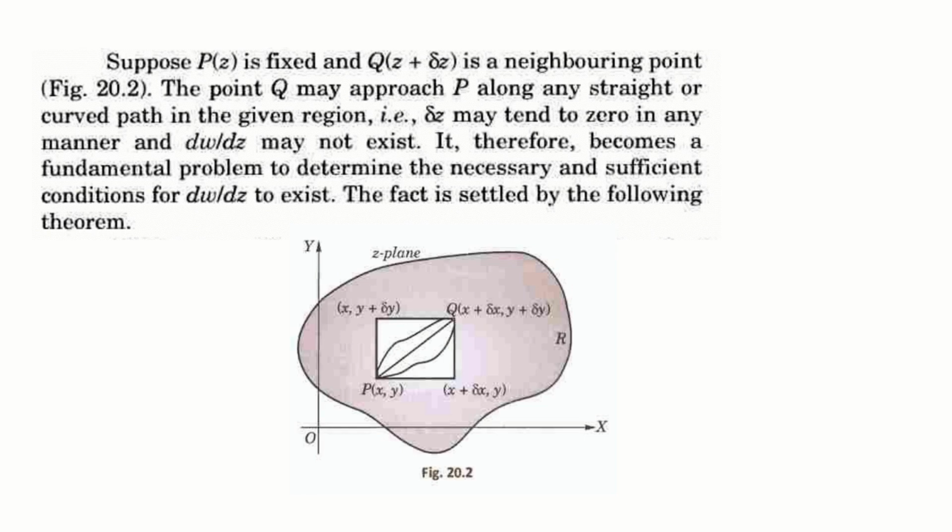That is what we have been discussing, right? There are many different ways. I can go from p to q along a straight line, or I can choose any curved path, and there are infinitely many curved paths possible to reach the point q. So it becomes necessary to build some conditions, necessary and sufficient, to define whether the derivative will exist or not.